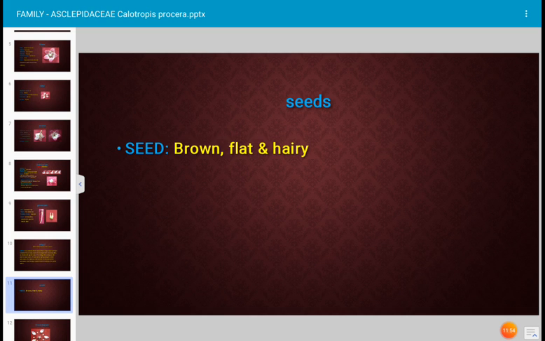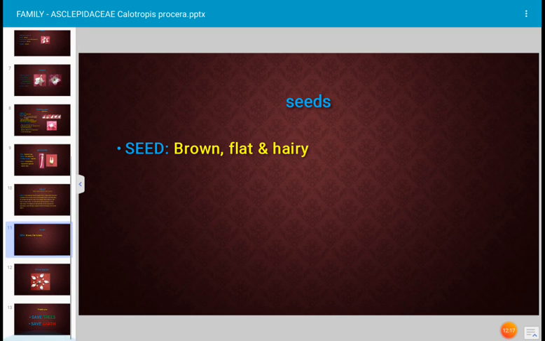Seeds are brown in color, they are flat and they have many hairs. Hairy seeds are present, and these hairs help in transfer of seeds from one place to another, and they are easily carried by wind, and whenever in favorable condition they germinate and produce a new plant.